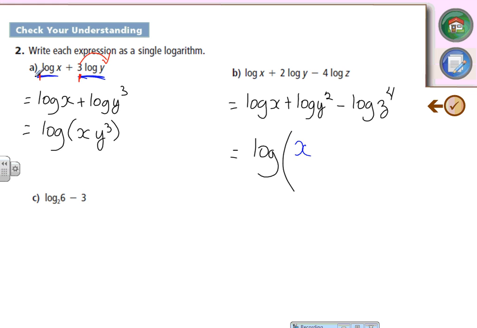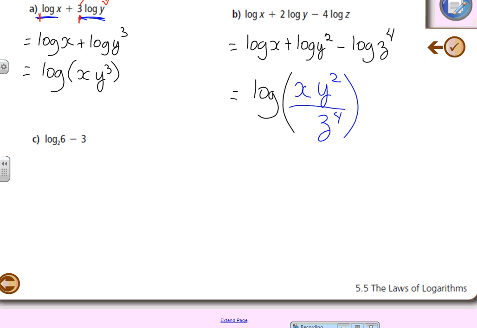The y to the 2 has a positive sign in front, numerator. But the z to the 4, oh boy, has a negative in front. That means it goes in the denominator. Then you look and say, can I simplify any of them? No, I've got x, y, z, can't go any further. That's finished.